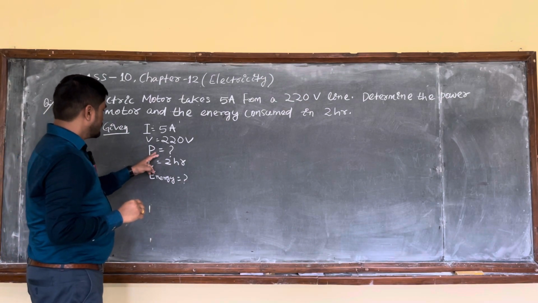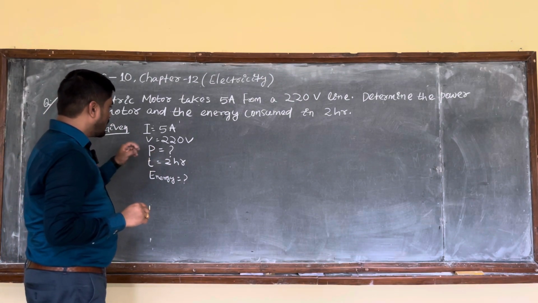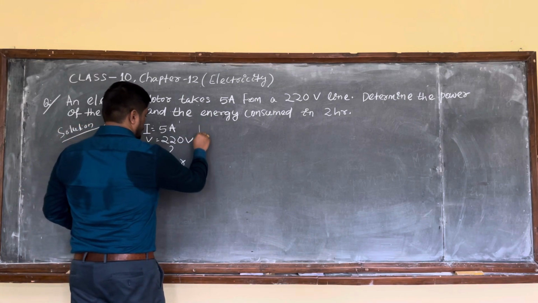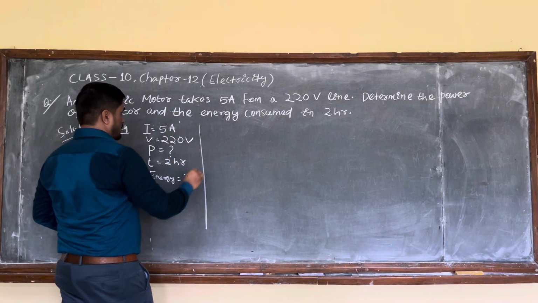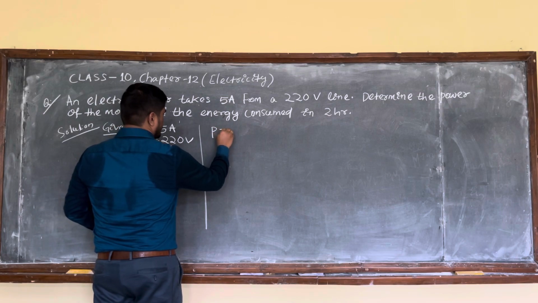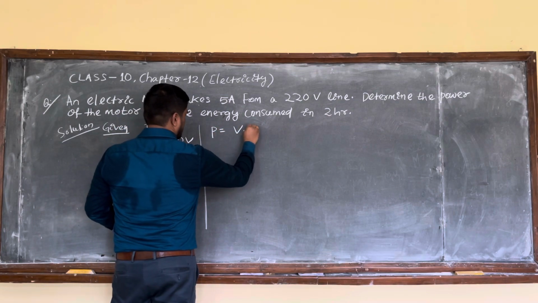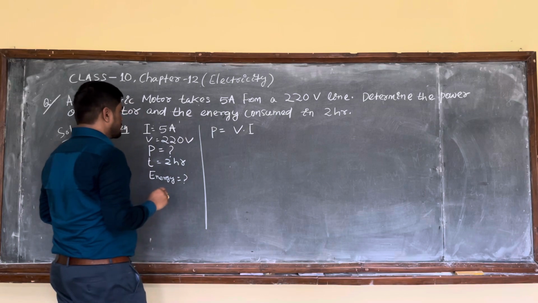So first we will find out the power. The formula of power is potential difference into current.